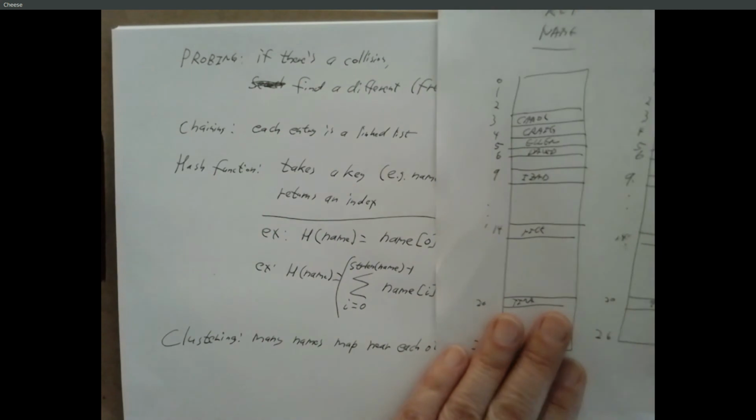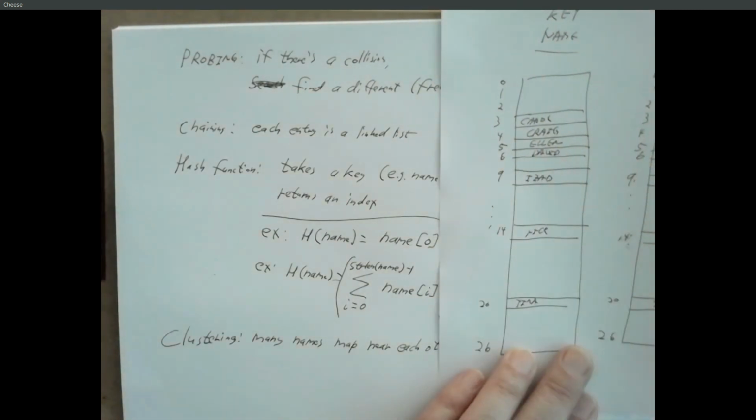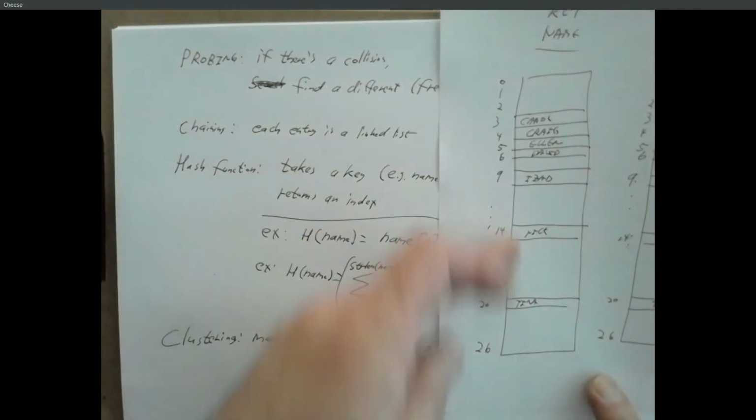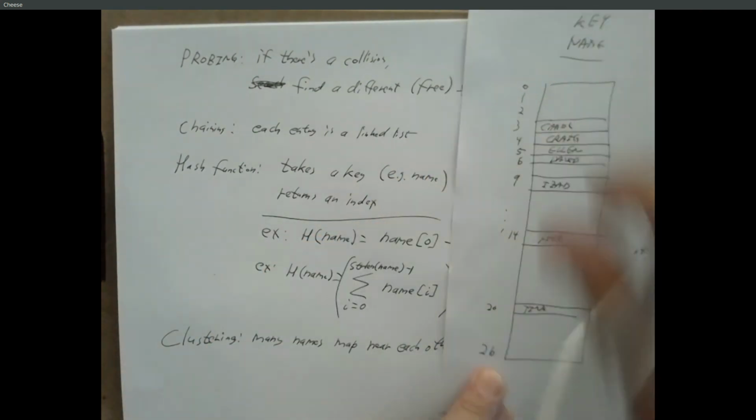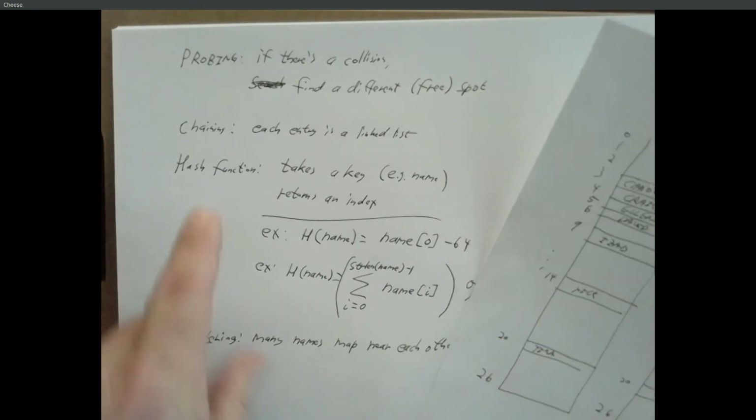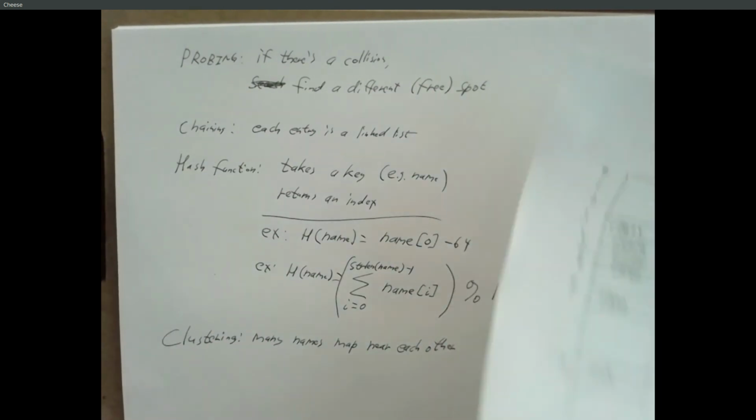And that's what's happening over here. We got a big cluster of names here. All of this space is really sparse. From Izad down to the end, we only got 3 names, but we got a big cluster of them up here. So a good hash function will minimize clustering.